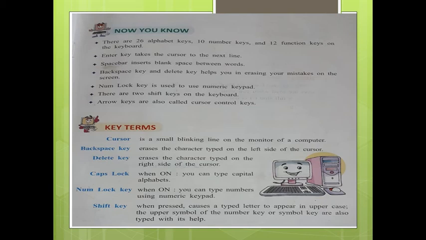The shift key, when pressed, causes a typed letter to appear in uppercase. The upper symbol of a number key or symbol key is also typed with its help. When you hold the shift key and then type, the letters come capital.